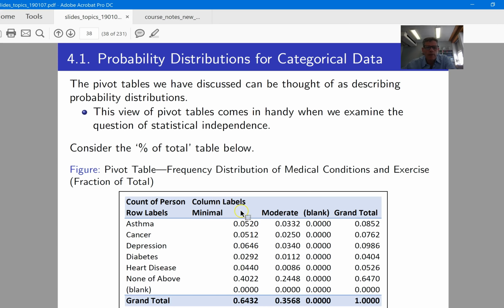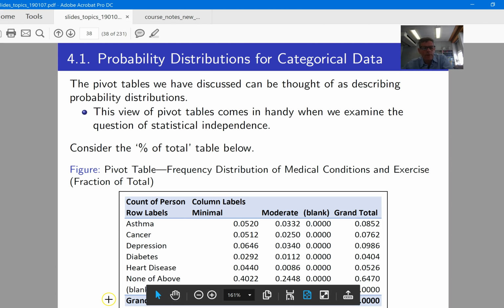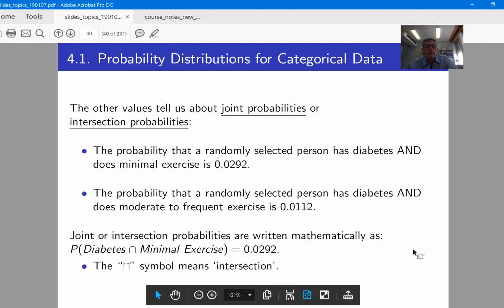Diabetes, minimal exercise, so there's the diabetes case, there's the minimal exercise case. Intersection of those two is 0.0292. So that is indeed an intersection probability. The person has to have both this and this. And if they have that, there's a 2.92% chance that they'll be in that category. Okay, so that's a joint or an intersection probability.